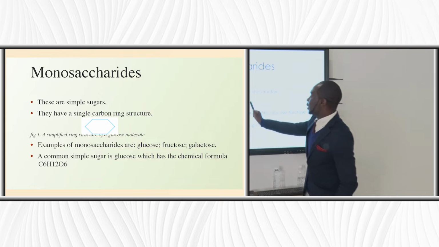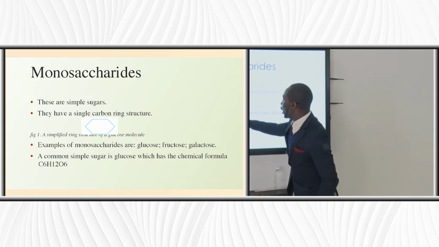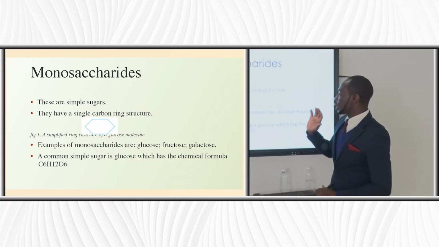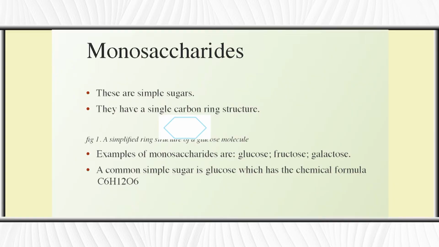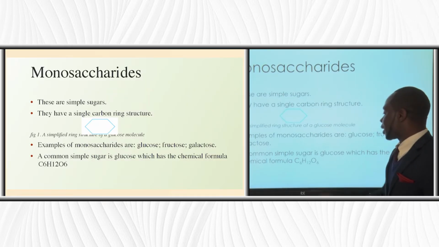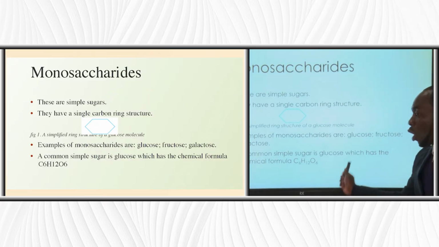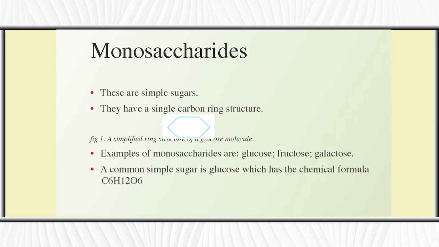If you see here, this is the hexagonal shape of a glucose molecule, a simplified structure. Examples of monosaccharides are glucose, fructose, and galactose. A common simple sugar, glucose, has the chemical formula C6H12O6. That is the chemical formula of a glucose molecule.